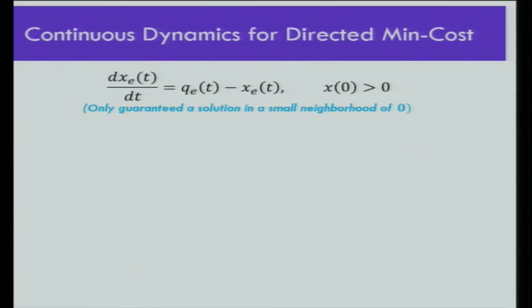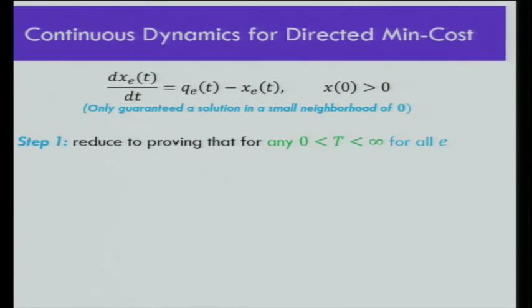I should not be preaching to the choir, but I still think this is important to keep in mind. Whereas, for the system to make sense, it has to have a solution for all time. So how do we extend it?